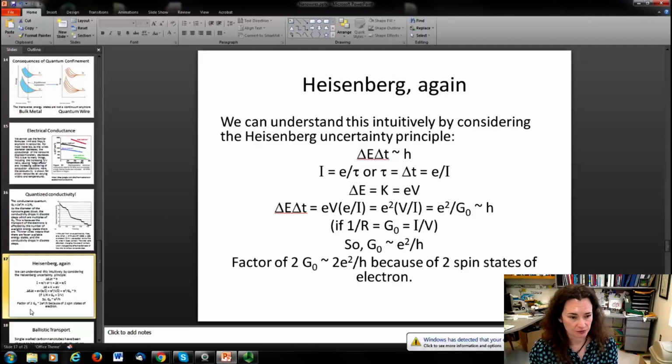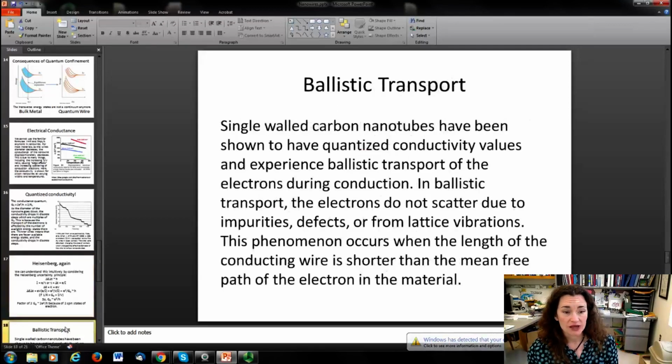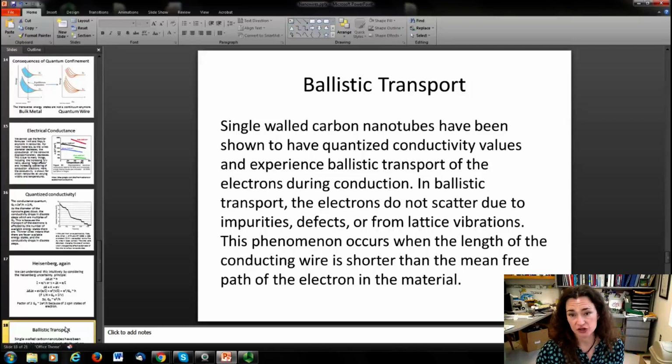I hope that helps. In addition to quantized values of the conductance, something interesting happens in carbon nanotubes, and that's known as ballistic transport. Single-wall carbon nanotubes have been shown repeatedly to have quantized values of conductivity and to experience ballistic transport of the electrons during conduction. In ballistic transport, your electrons don't scatter due to impurities, defects, or lattice vibrations.